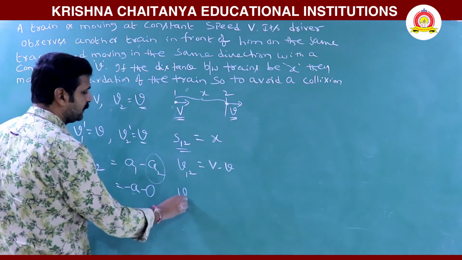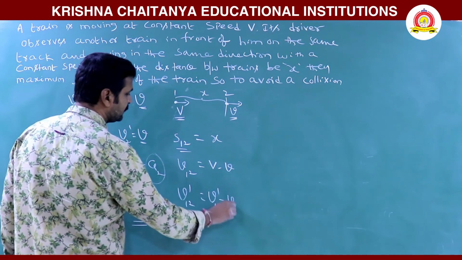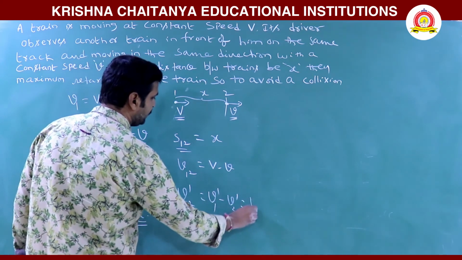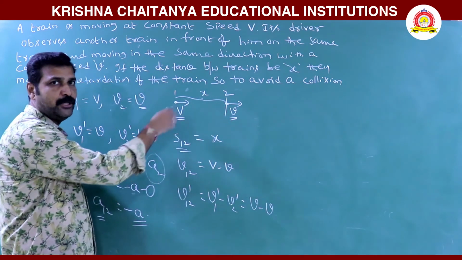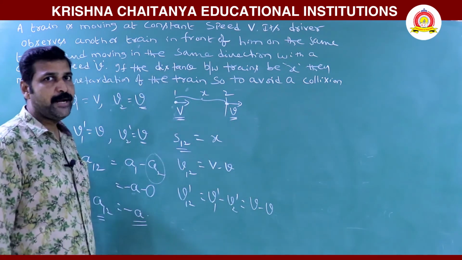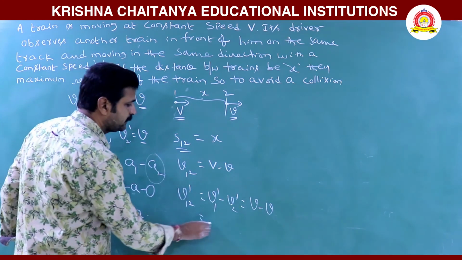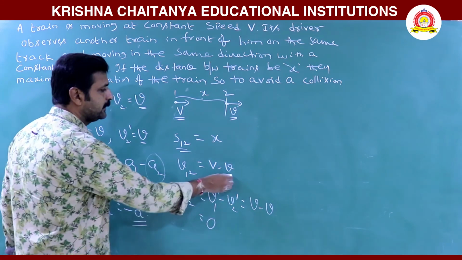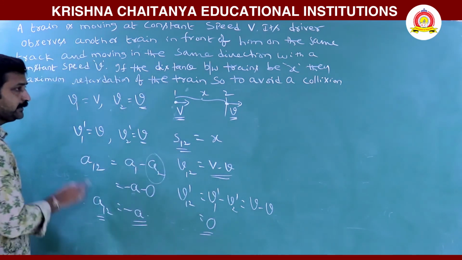The final relative velocity v12 dash is v1 dash minus v2 dash. Finally, both have to reach the same velocity, then only will collision be avoided. So both are small v, and v minus v is 0. This gives the initial velocity, final velocity, displacement and acceleration.